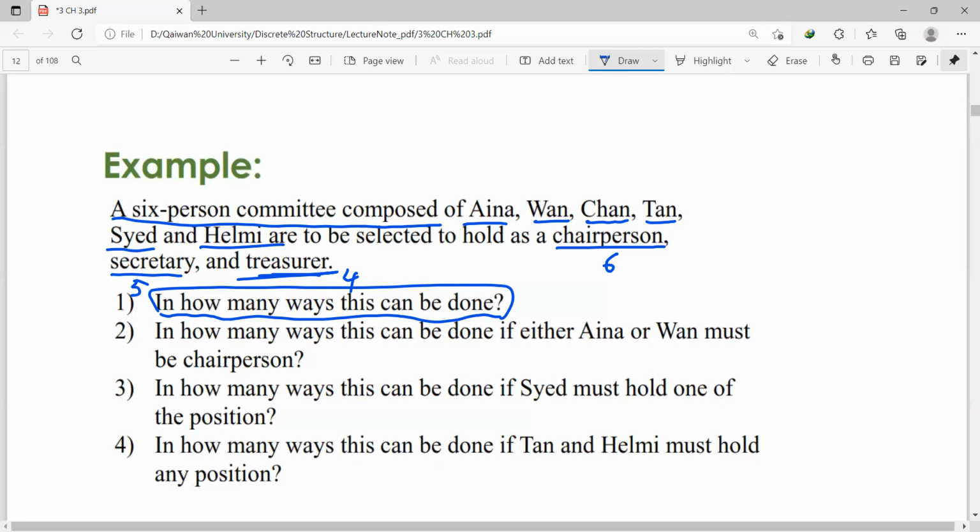Each position is for 1 person. So here, it's the same as choosing 3 from 6 things. We have 3 positions.